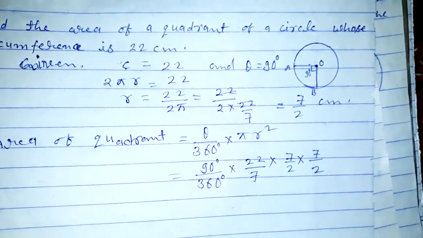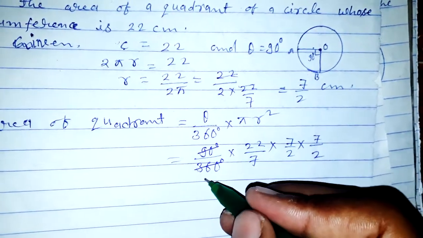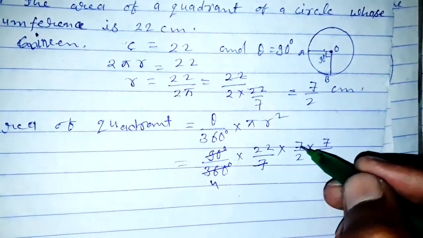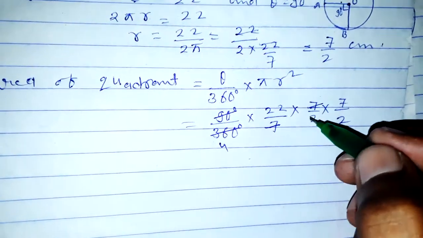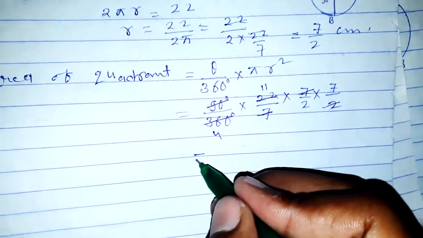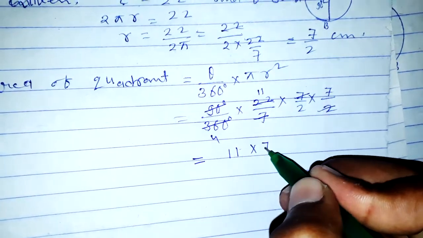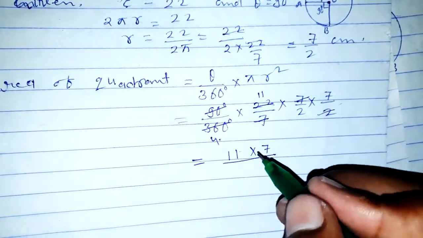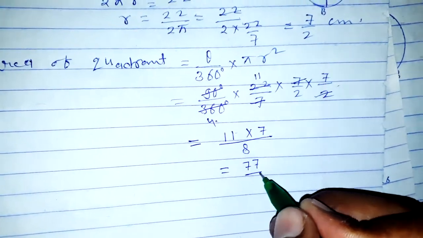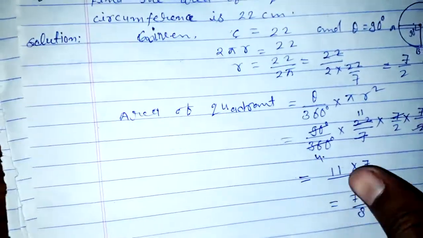So 90 upon 360 gives 1 upon 4, 7 cancels out, and 2 cancels out, this is 11. So 11 into 7 upon 2 times 4 is 8. So this is 77 upon 8 centimeter square. This is the answer.